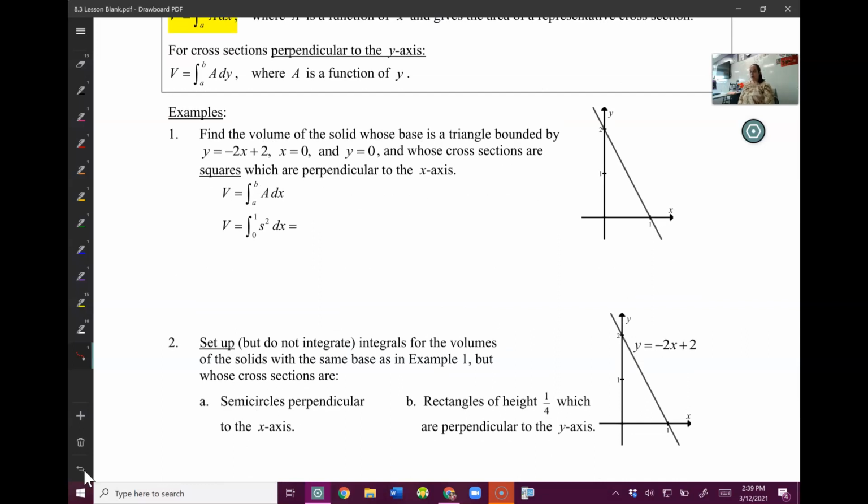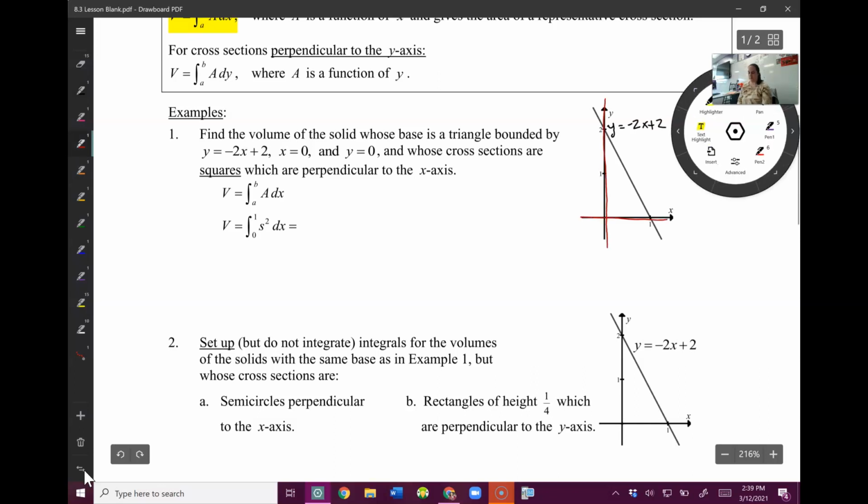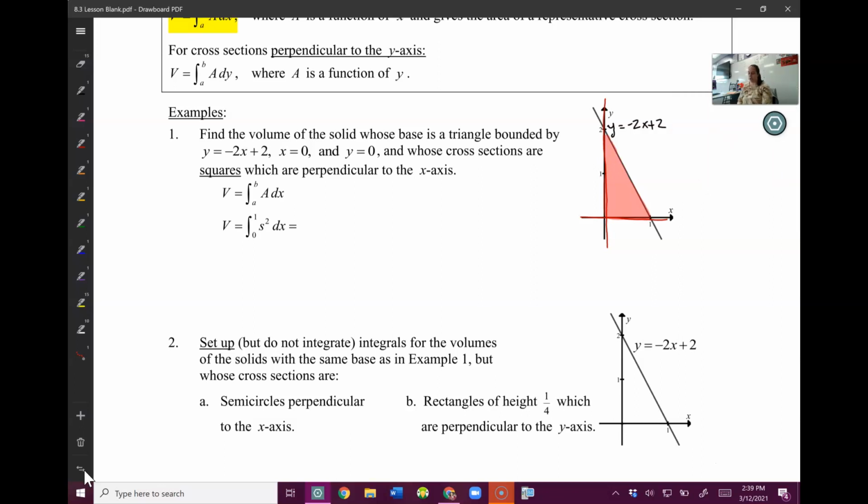Find the volume of the solid whose base is a triangle bounded by y equals negative 2x plus 2, and then we have x equals 0 and y equals 0. So here's our base, and whose cross sections are squares perpendicular to the x-axis.